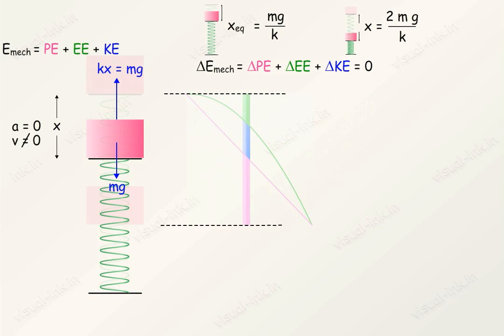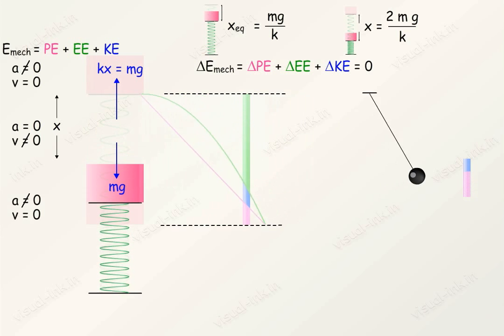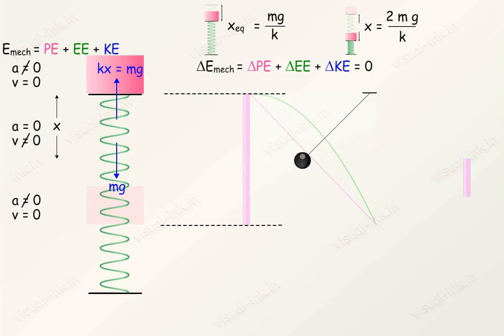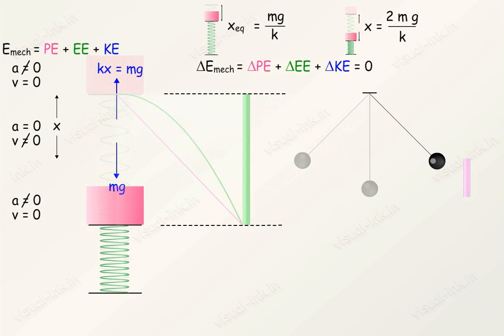At the topmost and the bottommost points, the block has 0 speed but non-zero acceleration. This situation is similar to an oscillating pendulum, where at both the extremes, the pendulum has 0 speed but non-zero tangential acceleration, and at the mean position, it has 0 tangential acceleration but non-zero speed.